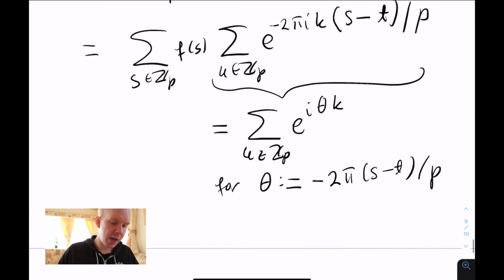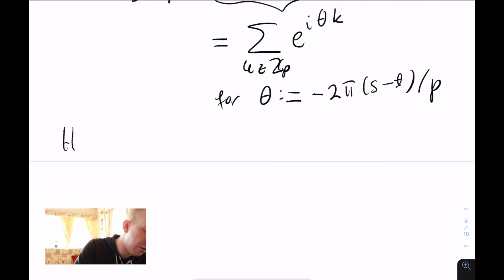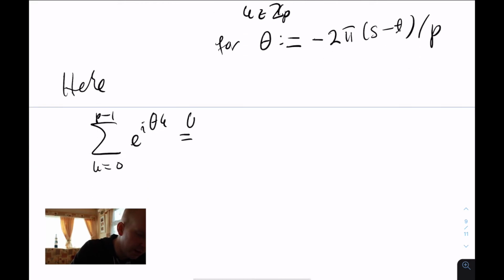So now we can use the exponential sum formula. Here, the sum over k from Z_p of e to the power i theta k, which is k from 0 to p minus 1, is equal to the following. First of all, let's assume that t is not equal to s, which implies that theta is not equal to 0.